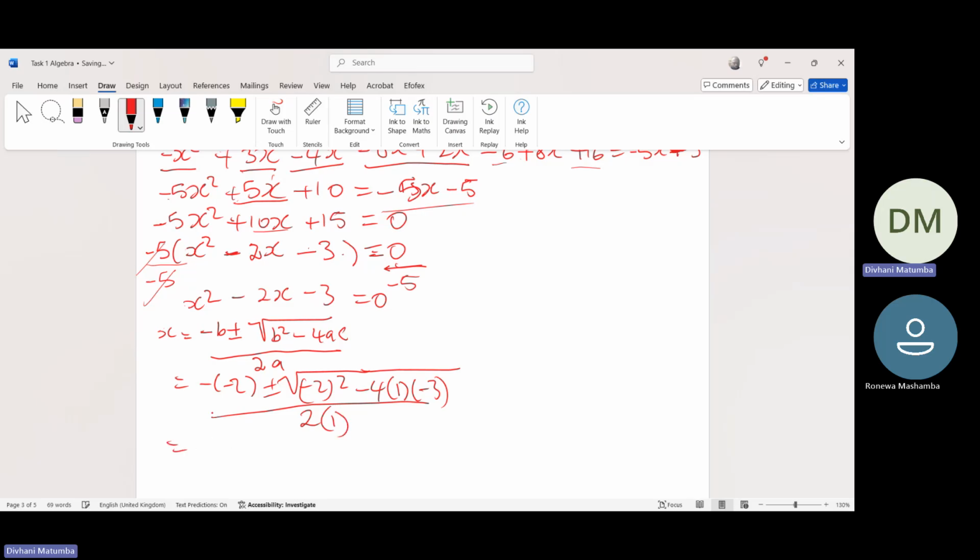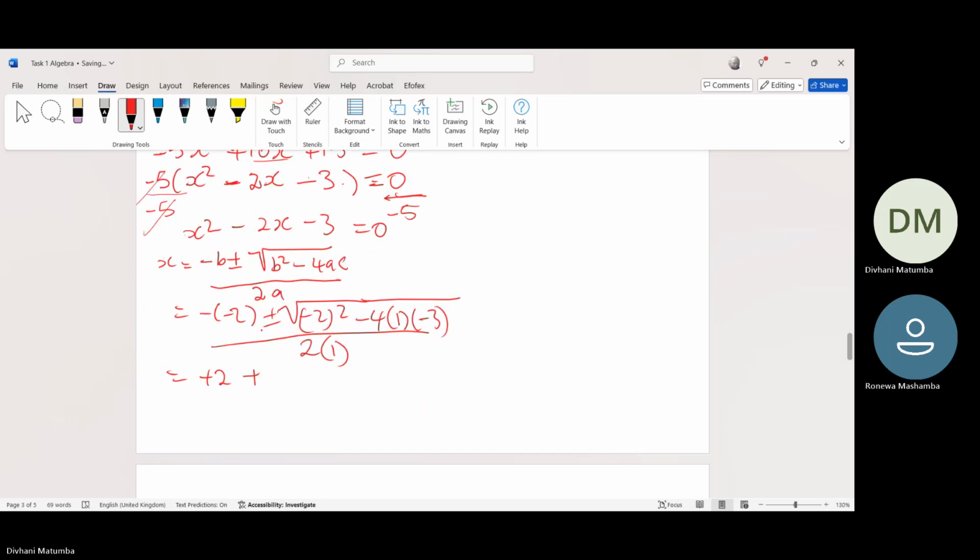So this will be plus 2 plus or minus the square root of, let me calculate that, 4 plus 12, 16. You agree?